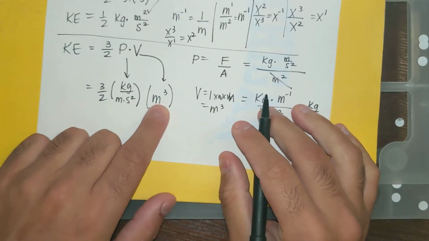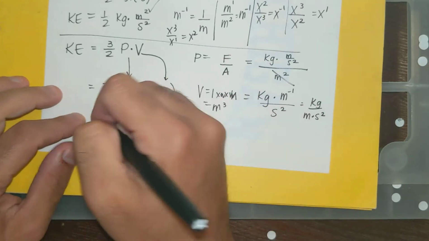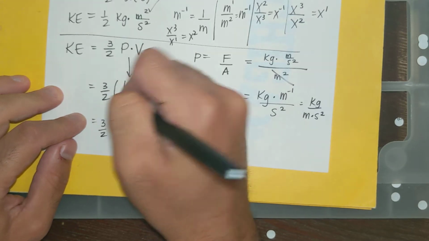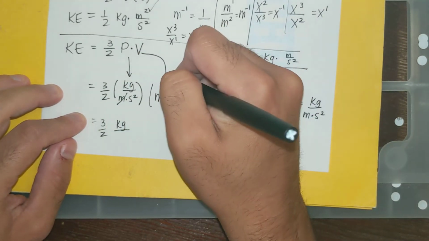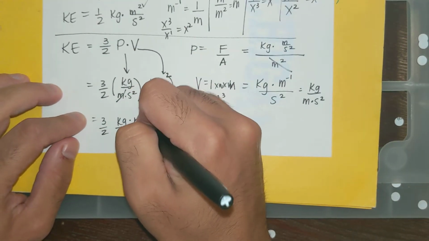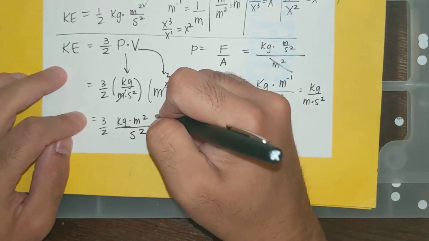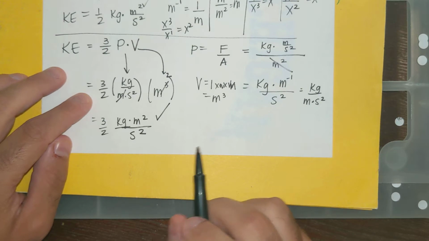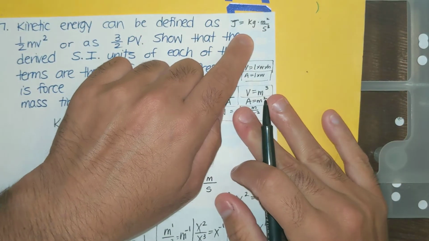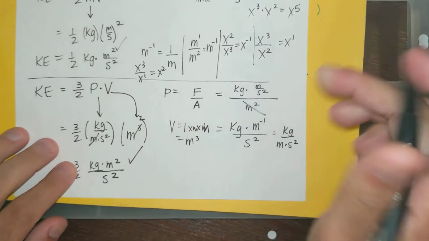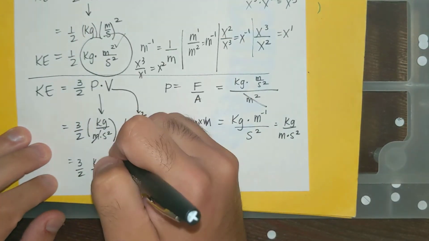This becomes 3/2 kilograms. Meter is going to cancel out, and I'm going to get meters squared left. So kilogram meter squared per second squared. And guess what? That also matches the unit of the joule, which is a kilogram meter squared per second squared. These two sets of units match as well.